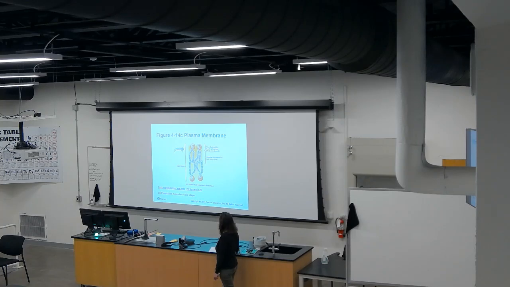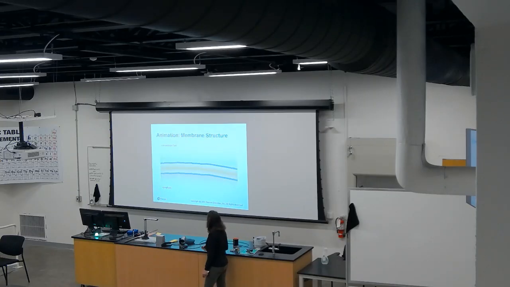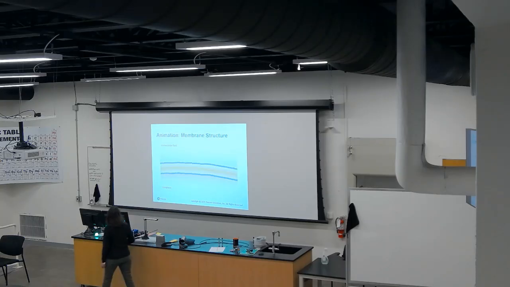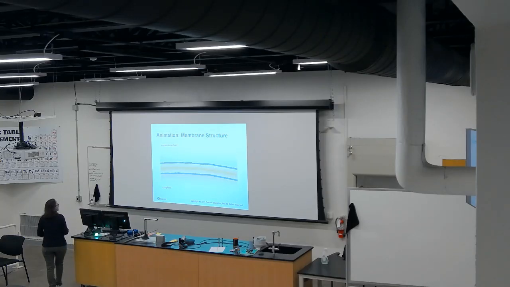And here is a magnification of these phospholipids, again, the fatty acid tails, two specifically, with this phosphate group. I don't know if they might show in this animation the nature of these phospholipids, which is moving, and that's the fluid mosaic model.